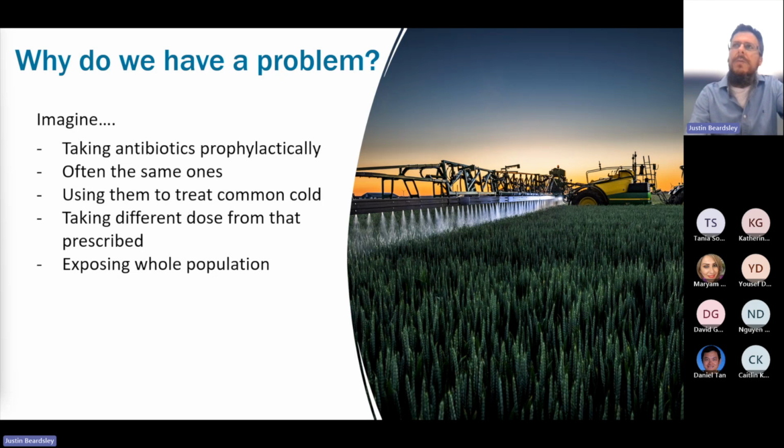Just imagine that everybody decided to start taking antibiotics prophylactically. The same ones always, not alternating between different types of chemicals, using them to treat diseases that are not affected by antibiotics, like viruses, right? Taking them at a high dose, or a super low dose, and exposing the entire population.